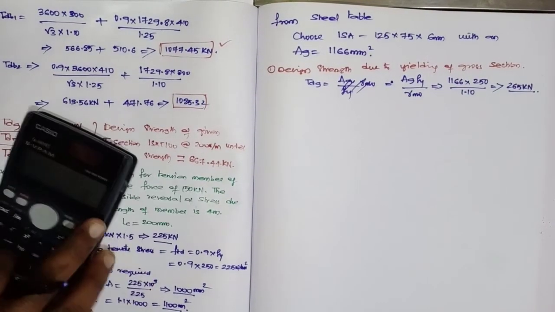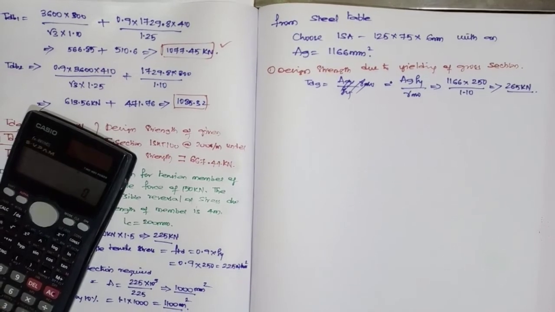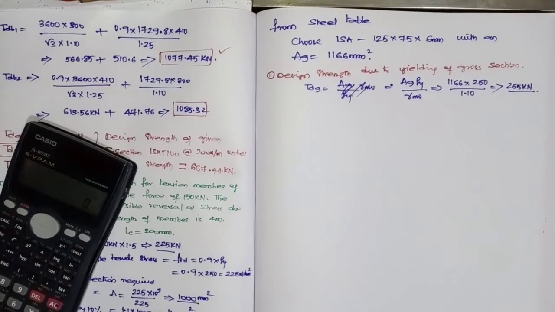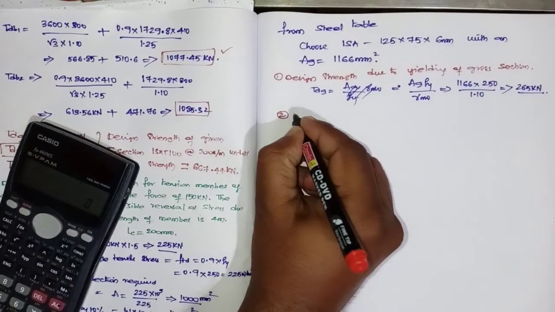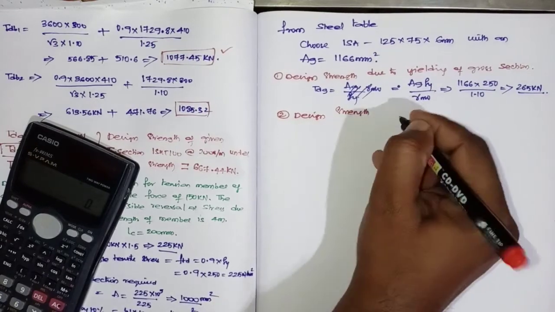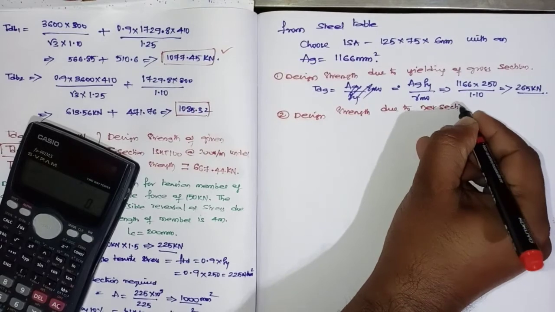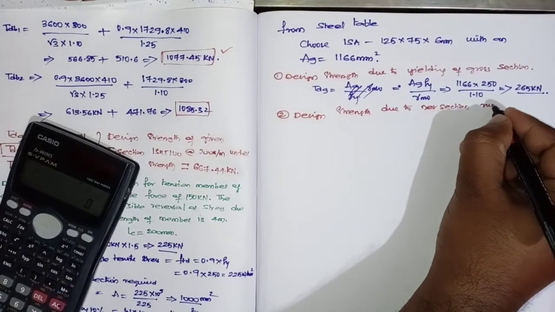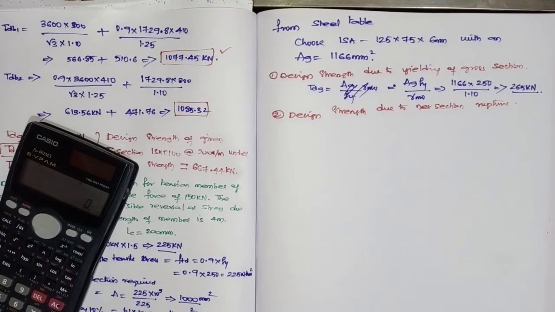Okay, next, what is another one? Design strength due to net section rupture. What is the formula?